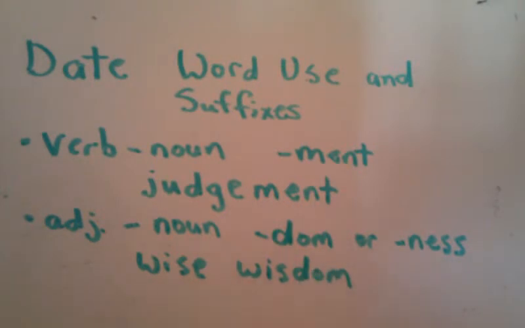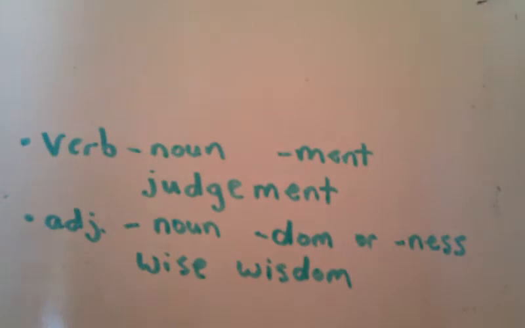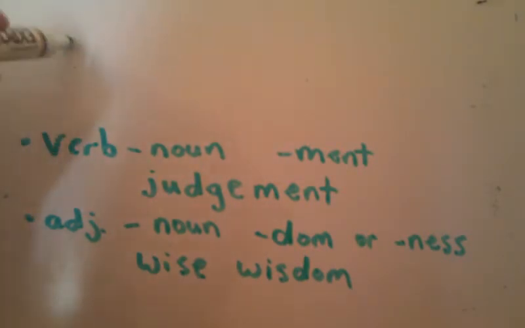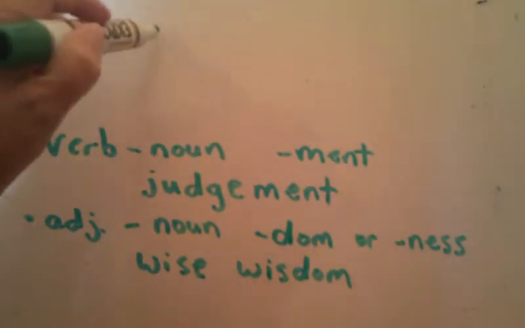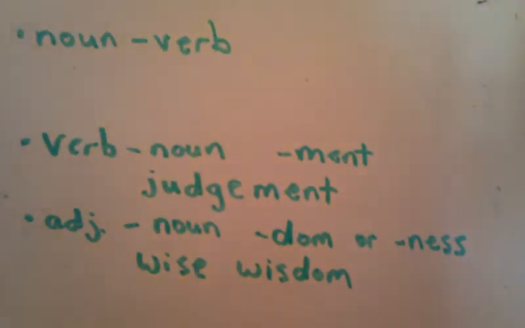Okay? All right. Well, let's say that I want to change a noun to a verb. Okay? If I want to change a noun to a verb, there are several suffixes I can add.